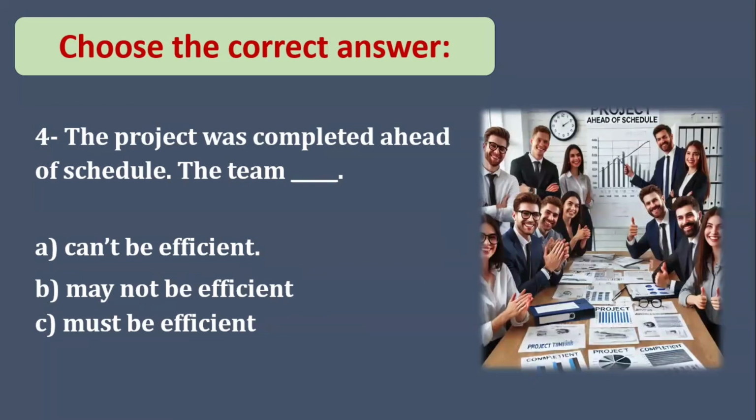The team can't be efficient. من المستحيل إن يكون فريق كفء أو may not be efficient. احتمال ما يكون الفريق كفء أو يعني فريق مجتهد أو must be efficient يعني من المؤكد أنه فريق يتمتع بالكفاءة. So it must be this one. It must be efficient. The team must be efficient. من المؤكد أنه فريق جيد أو يتمتع بالكفاءة. How do I know? Because they finished earlier.